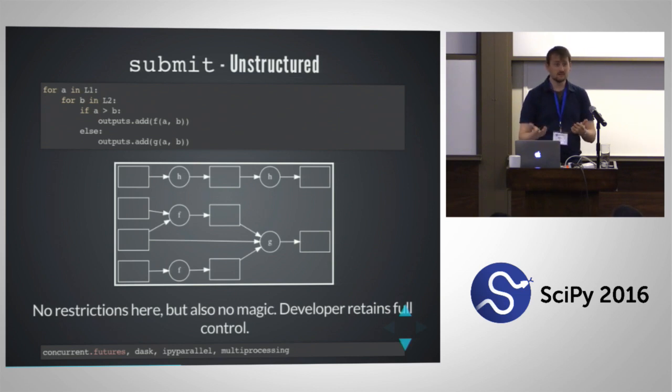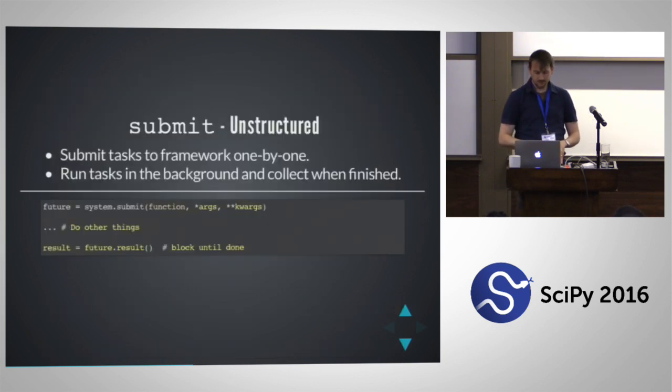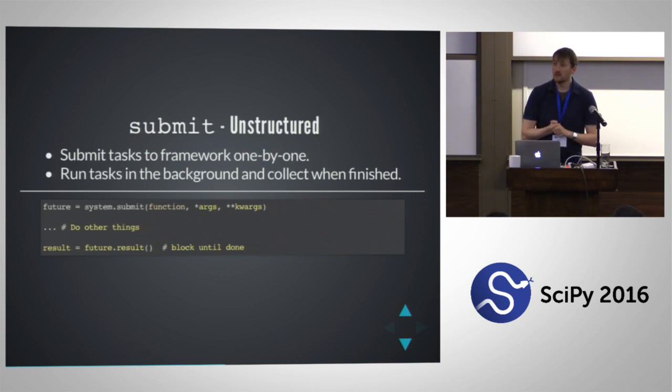Like map, submit is a very generic call a function on an input type operation. So there are many implementations of it. Concurrent futures, the executors have this API, Dask, IPython parallel, multiprocessing all have this kind of API. And generally, it looks somewhat similar to map, but instead of giving map a function and a collection of inputs, you give it a function and a single input.